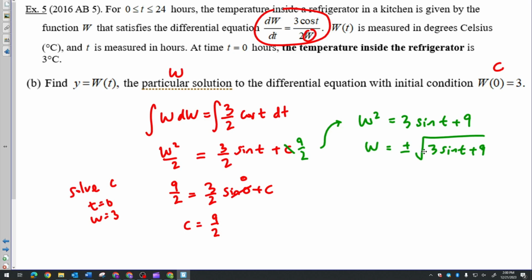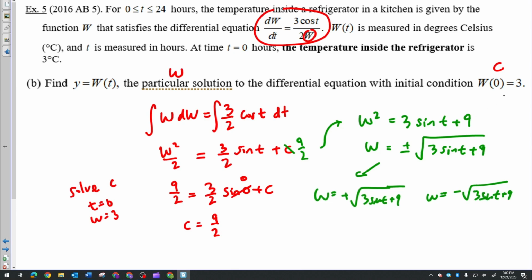And that is the answer, but I need to choose the answer that if I plug in 0, I get positive 3, right? So there are two possible answers here. w could equal positive square root of 3 sine t plus 9, or w could equal negative square root of 3 sine t plus 9. Okay.